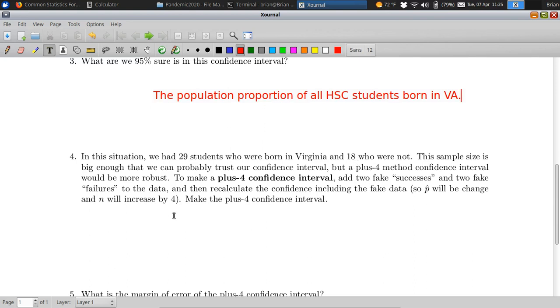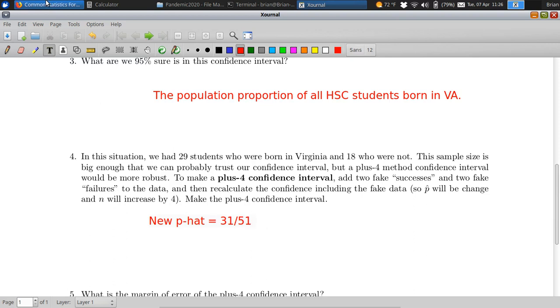So now I'm going to have 51 students. So my new P hat is going to be a fraction that's out of 51 students. And if I add 2 fake successes, that's going to be 31 out of 51 students that were born in Virginia for the +4 confidence interval. So this is including the fake data.